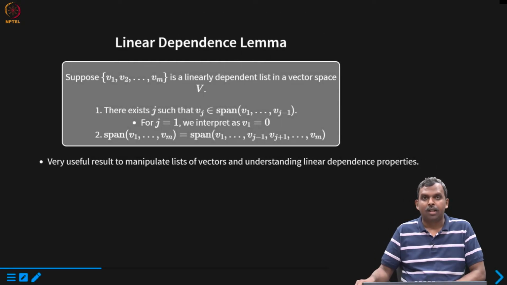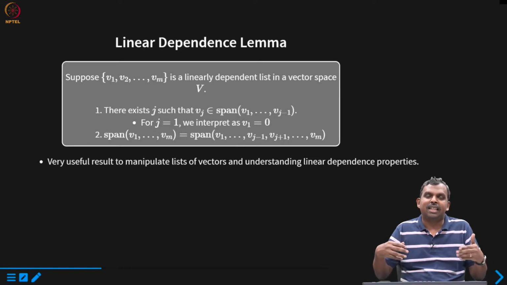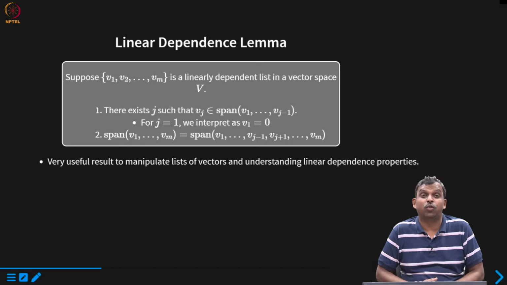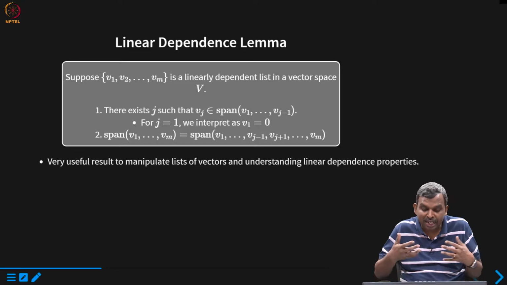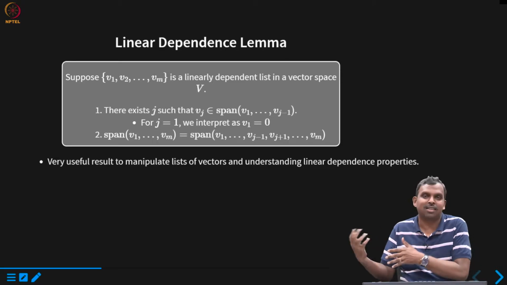Now we slowly start taking steps towards the technical aspects of this course. We have already seen mostly definitions, and here is a lemma which talks about linear dependence in vector spaces. This is a technical lemma. What do I mean by technical lemma? It's a lemma that's useful to prove other things.